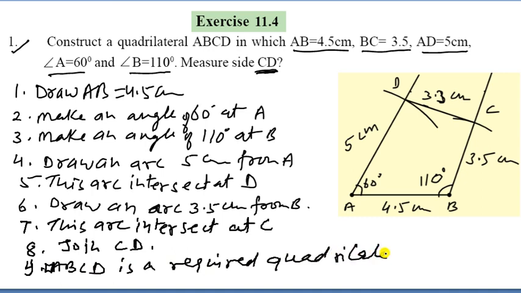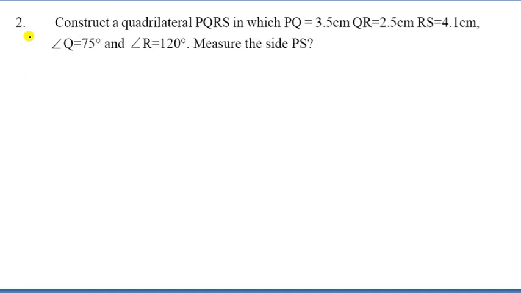Quadrilateral ABCD is the required quadrilateral. So those are the steps of construction.